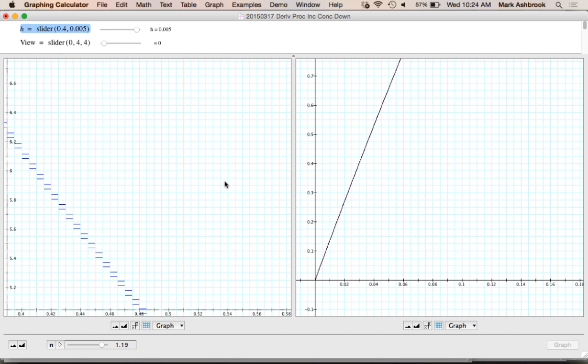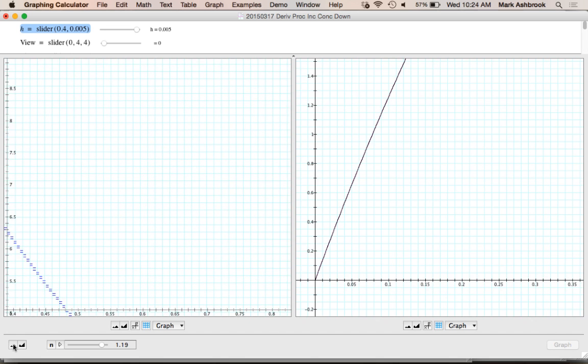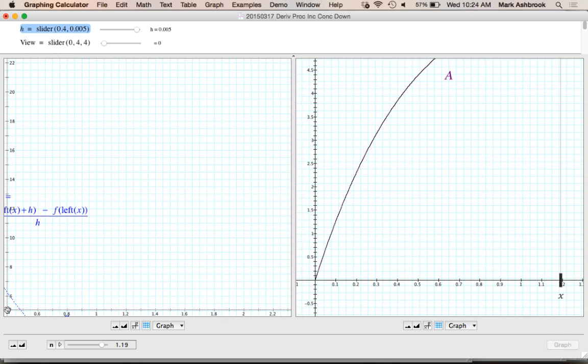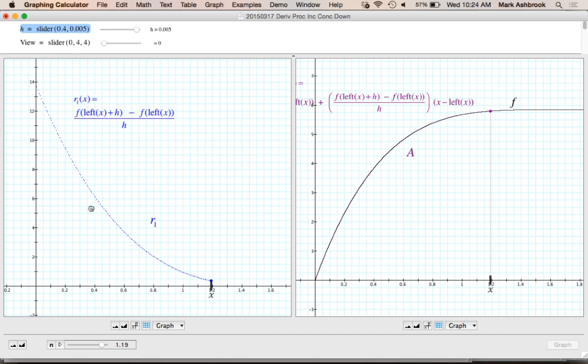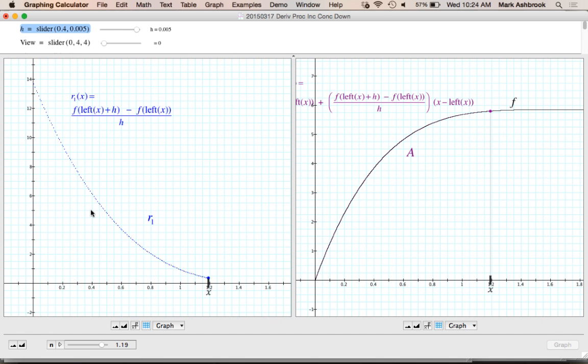There are still little constant rates. But with a really small h, we get something very, very close to the exact rate function for this accumulation. Rate of change is positive, starting high, getting less positive, coming down.